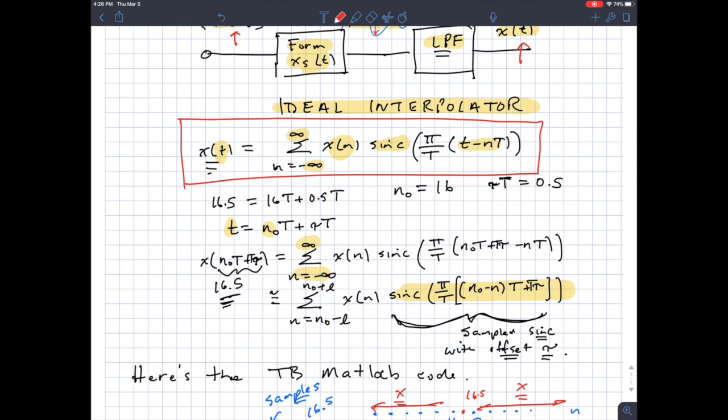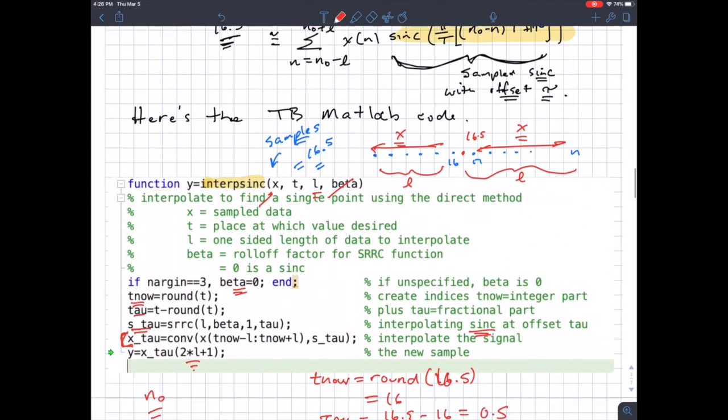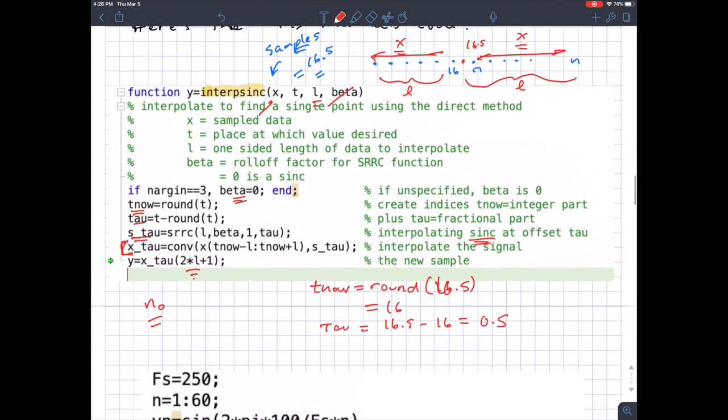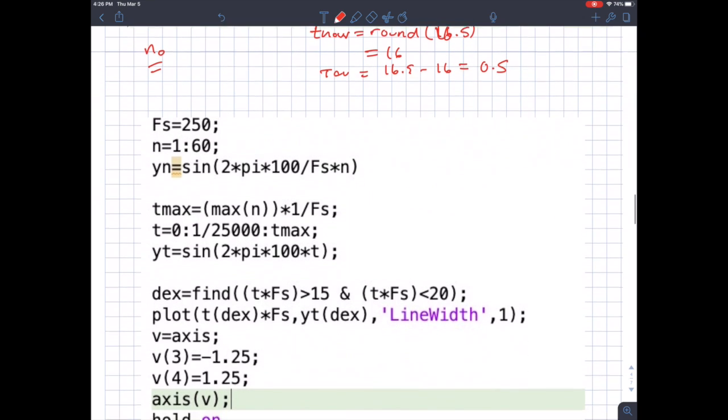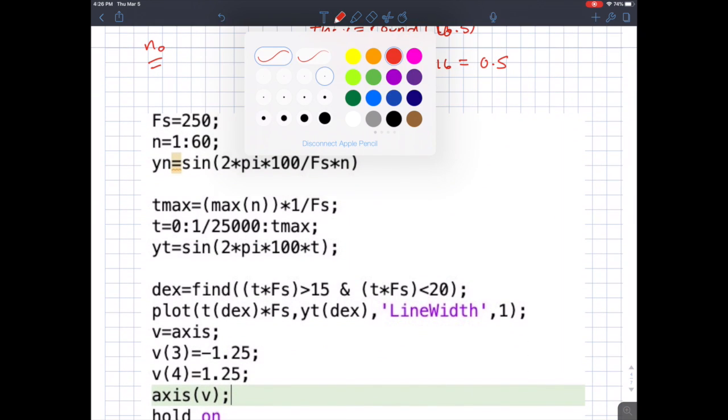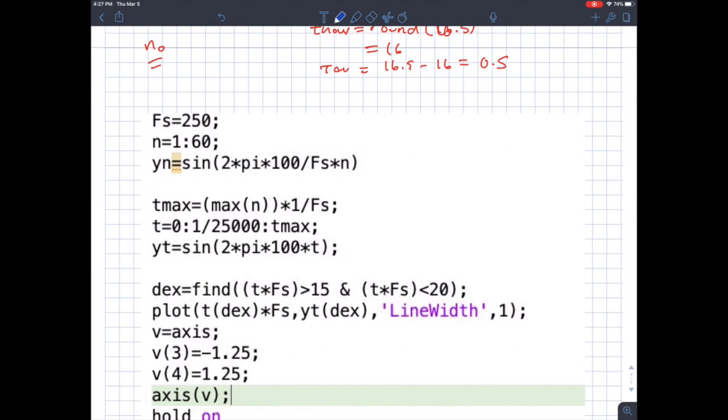So how do we apply this code to do the interpolation like we had talked about at the very first part of this video? Let me set this up for you. This is still continuing on our example. We have a sampling rate of 250.